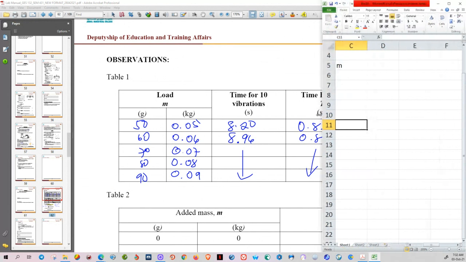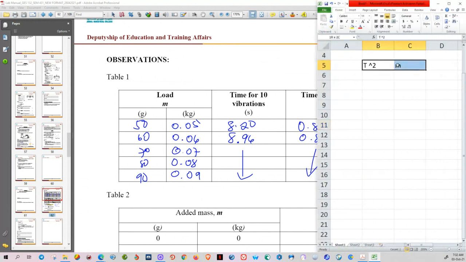So you take the masses first. Because that's the x-axis, you have to place it on the left. The y-axis, you have to place on the right.